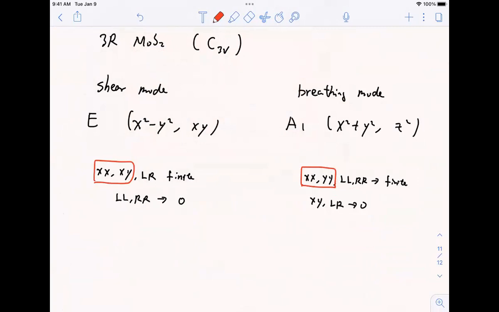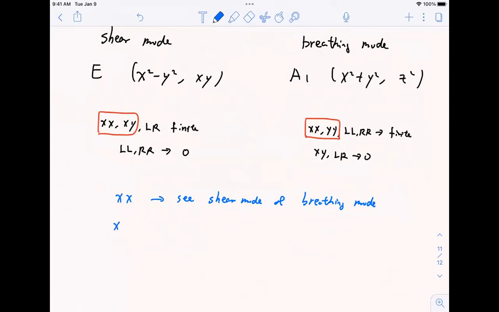So that means if you use XX, you're going to see shear mode and breathing mode.